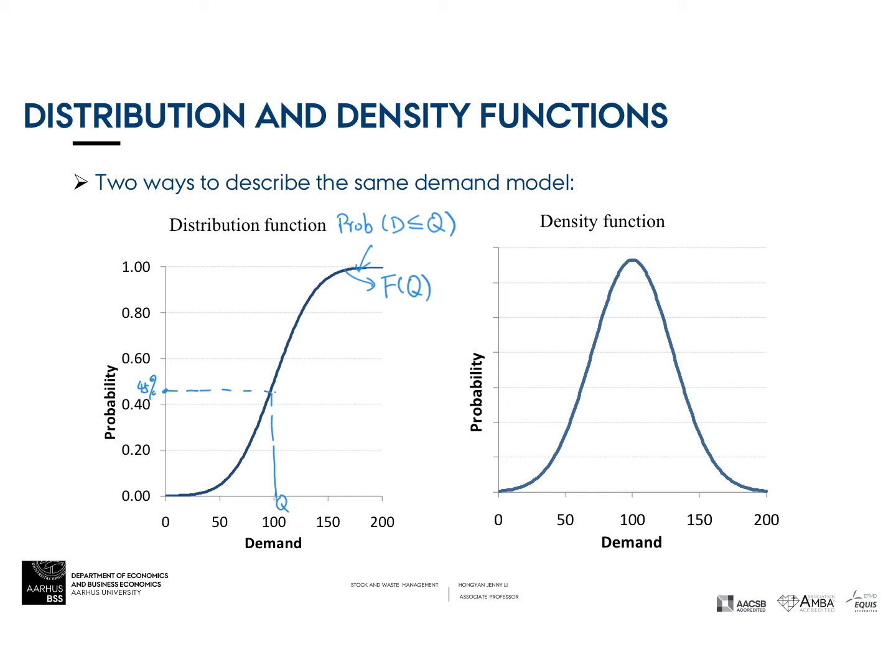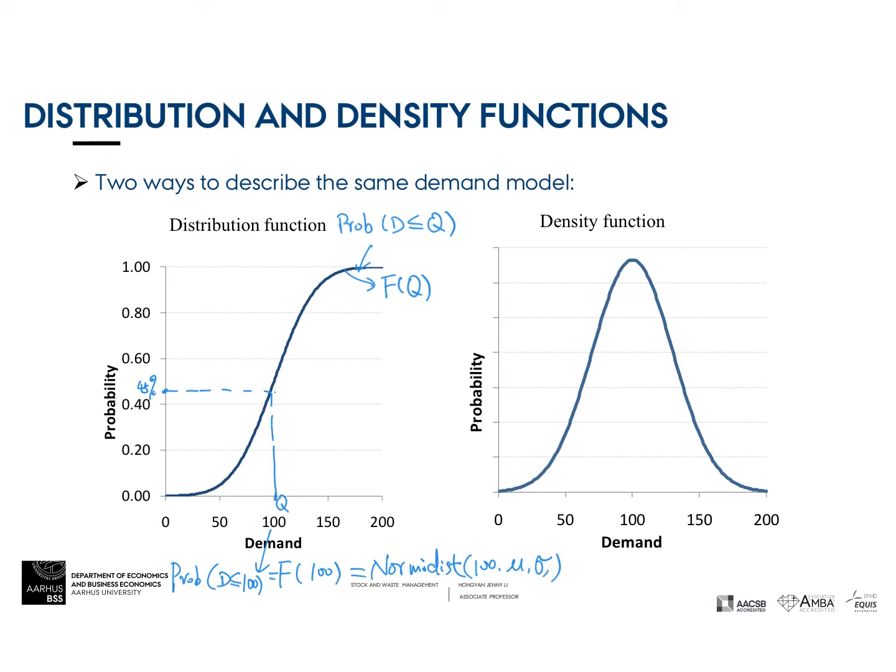So we can see here, if we extend that, then we have F. We have a probability of D less than or equal to 100 equals F(100), which is a normal distribution with parameters, and you need to know the average, the mean, and the sigma.